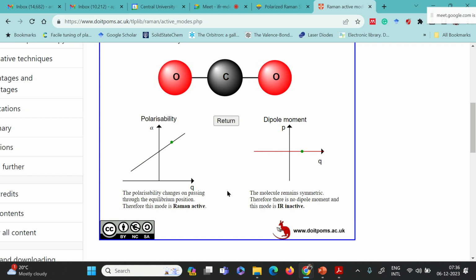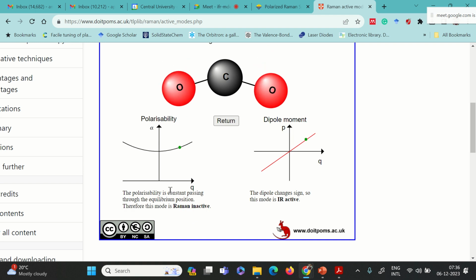Look at the graph of polarizability versus Q, whereas the dipole moment has no change. See the two contrasting pictures on left and right, polarizability versus Q, the change in coordinates, and dipole moment versus Q. You can clearly see there is no change in dipole moment when it is stretching and compressing symmetrically, whereas for polarizability alpha plotted versus Q, d alpha by dQ is a positive slope.